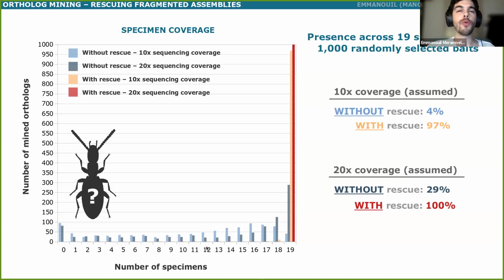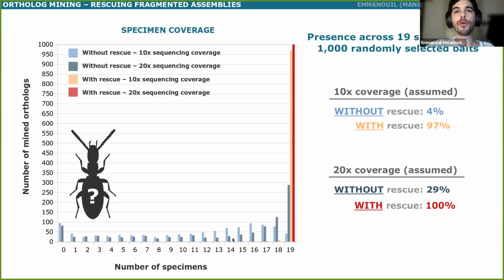So we checked how many loci we were getting with each method for different sequencing coverage, 10x and 20x. You can see with blue what you were getting with the assembler. This is the number of specimens in which the assembled locus is present, and this is the number of loci for each category.